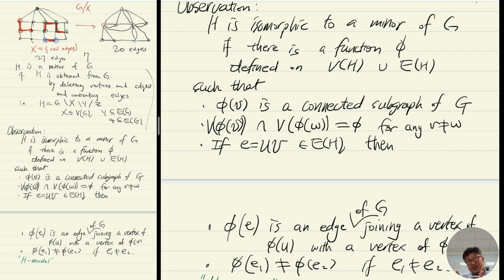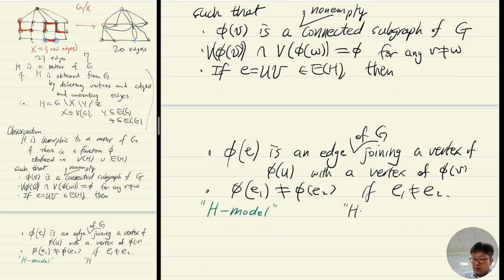You don't have to use all the edges of G. You can delete edges as long as you keep connectedness, and it's going to become a tree inside G. Oh, I should say phi of v is a non-empty connected subgraph. Some people define this as an H minor. If you're reading some paper, this might be the terminology: we say graph G has an H minor if there's a function like this.